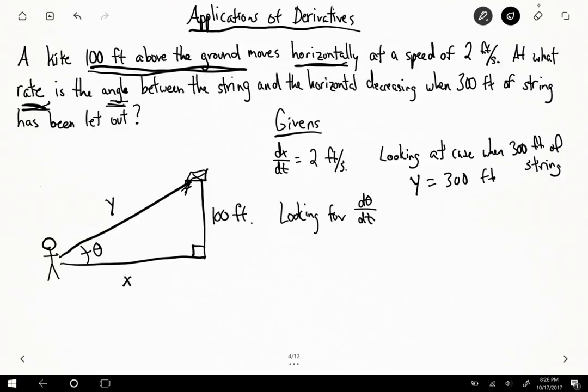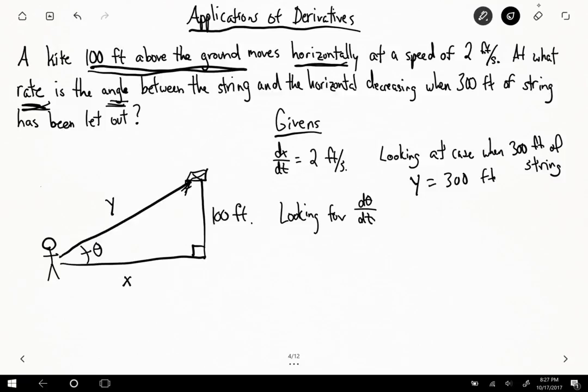Alright, so let's think about this. We want to start to relate these things in terms of an angle theta, which is right here, and then the information that we have is dx dt, and we have a y value, right? And then we have that this is always a constant. So where are we going to go from here?